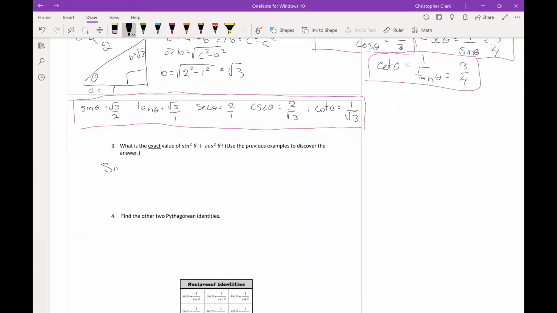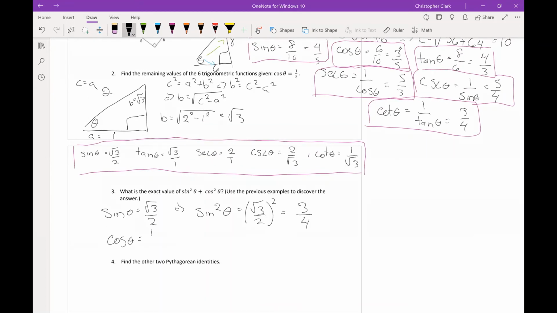So sine of theta is square root of 3 over 2. Therefore, sine squared theta is equal to square root of 3 over 2 squared, which is equal to 3 over 4. Fantastic. So cosine of theta, it tells us up here, is 1/2.